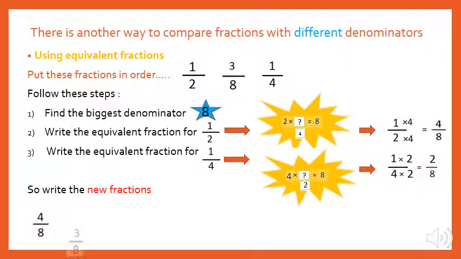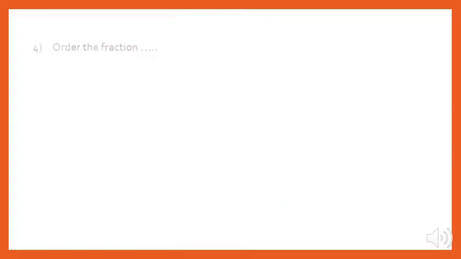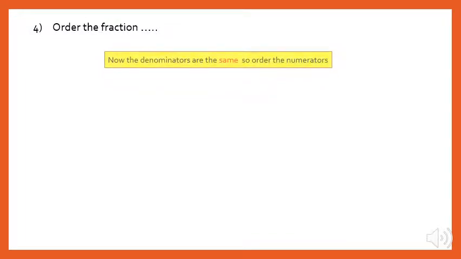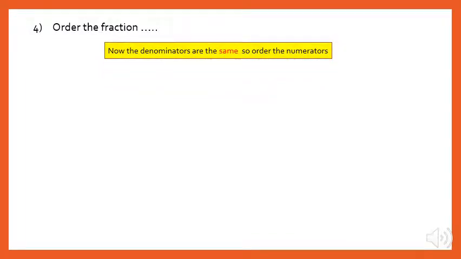So the new fractions that we got: 1/2 becomes 4/8. 3/8 is the same, we did not change it. And 1/4 becomes 2/8. Now let's order the fractions. Now the denominators are the same, so order the numerators.